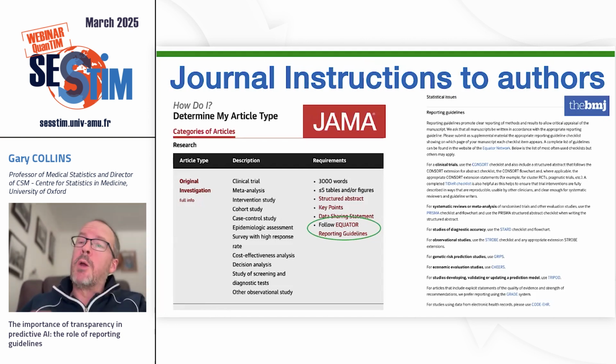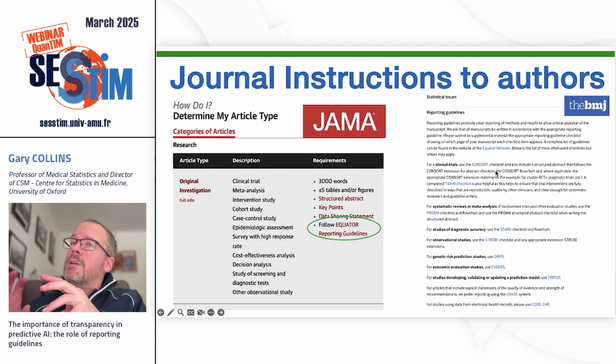When you click on that, it opens up a huge other page of the types of reporting guidelines JAMA expects you to follow when you are submitting your article. On the right side, another main clinical journal, BMJ. You click on their instructions for authors, and again, you are prompted to follow certain reporting guidelines for your research study.